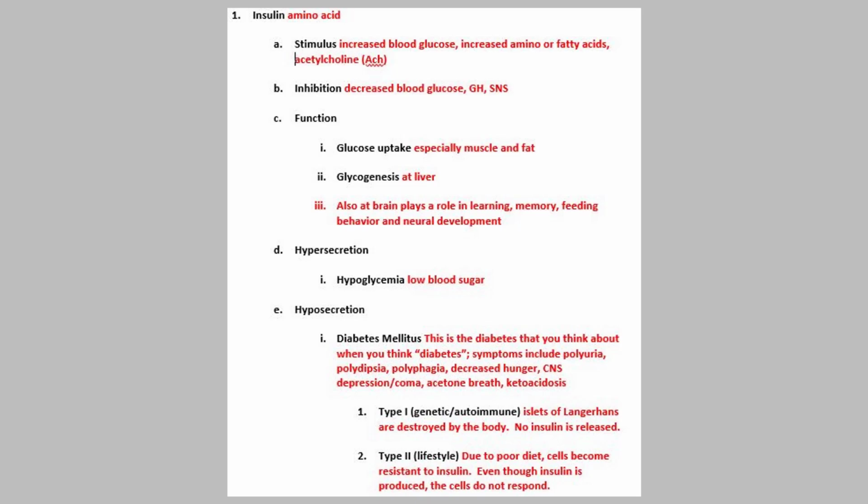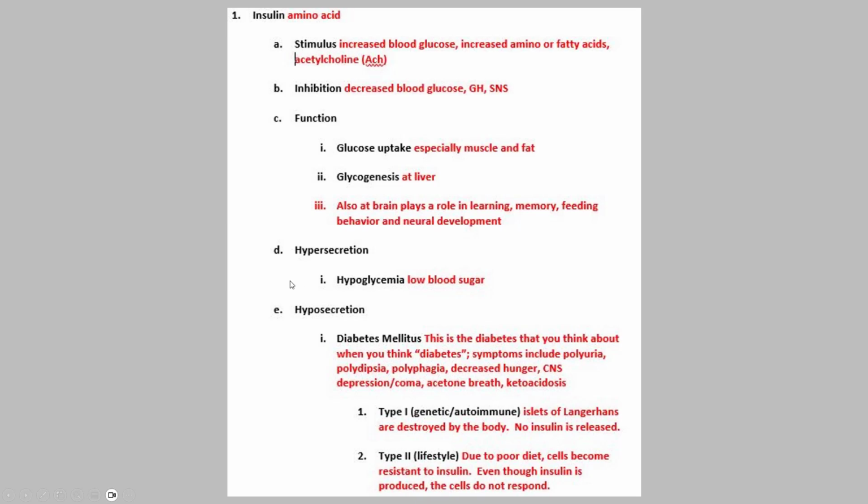So insulin, if we release too much in hypersecretion of insulin, that will cause hypoglycemia, low blood sugar. Since insulin causes sugar in the blood to be pulled into the cells, well, if there's more insulin, we're pulling more glucose into the cells, causing low blood sugar.